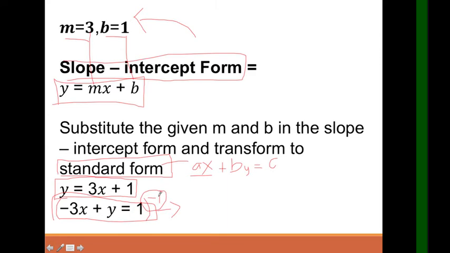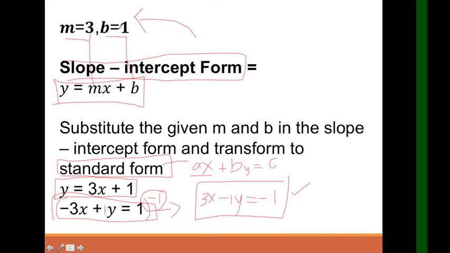So we have negative 1 times negative 3 is positive 3, of course. And then copy x. Then positive, this is 1, right? So 1 times negative 1 is negative 1. So we have negative 1 y. Or negative y as in short equals 1 times negative 1 is negative 1. So this is our final answer for this particular example.